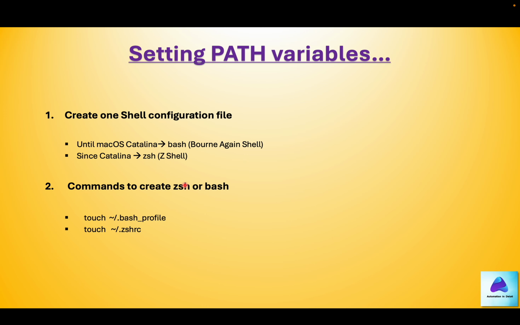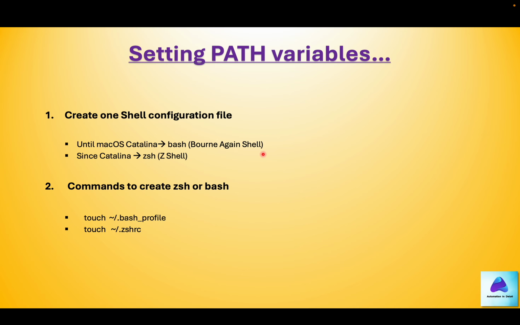And if you have a MacBook with macOS Catalina or later, you need to create a .zshrc file, that is Z shell file, so that you can proceed with setting the path variable. And one more thing, here bash stands for Bourne Again Shell.